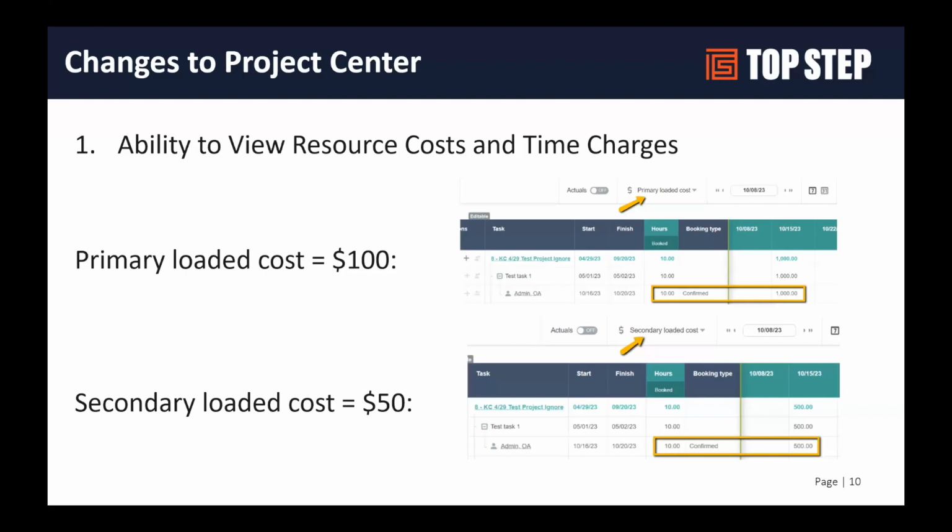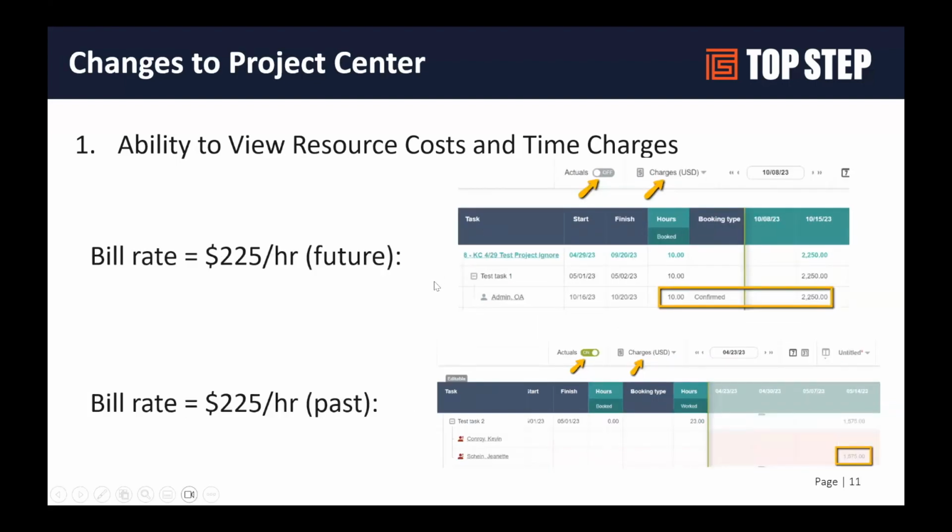You can see here in these screenshots how the cost will get changed based on which cost you're toggling in that drop down. One also note is if you turn on the actuals piece to this, then it's going to take your actual time times whatever cost you're showing to see your actual cost in the past and then your booked cost in the future.